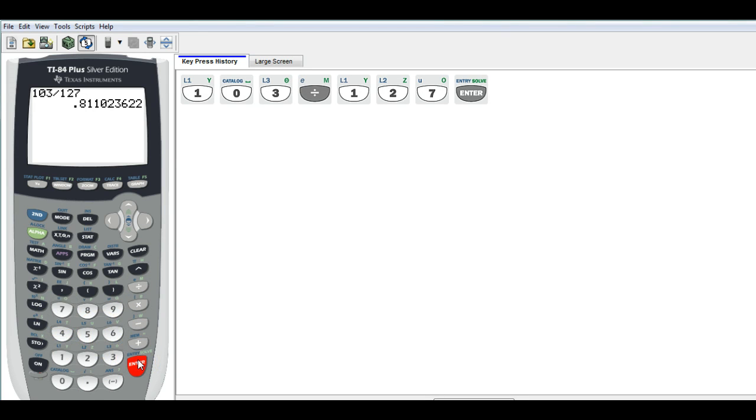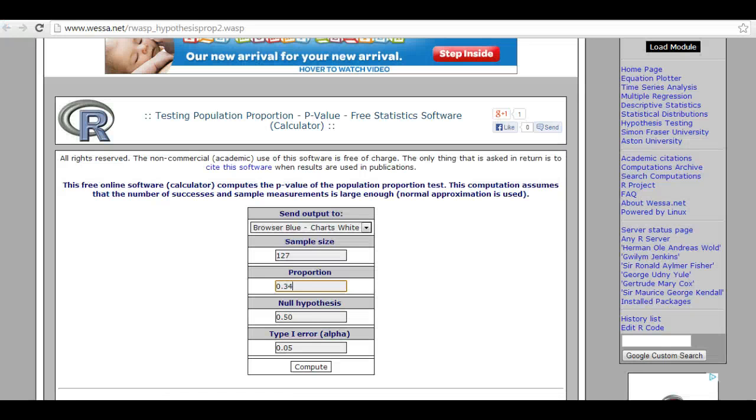So for the sample proportion, I'll put 0.8110. The null hypothesis was I was testing it against 75%. And if I want to be 95% confident, we have a 5% level of significance. That's the alpha level, or the chance of a type 1 error.